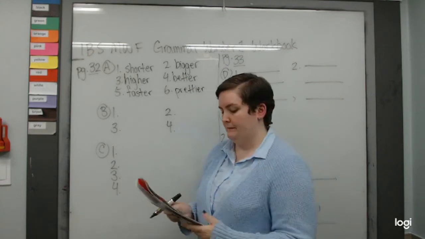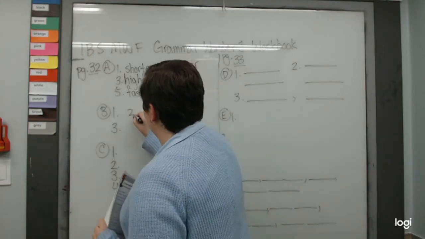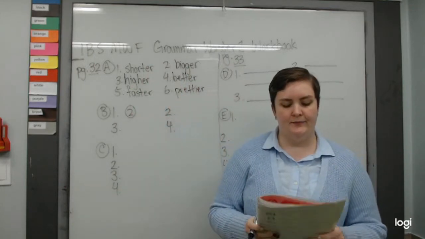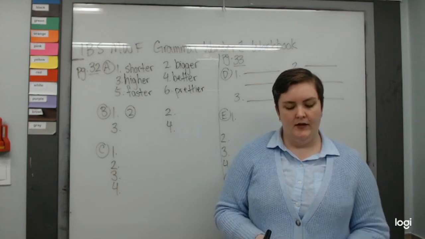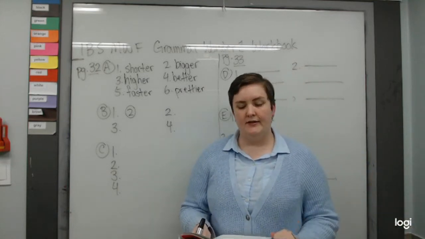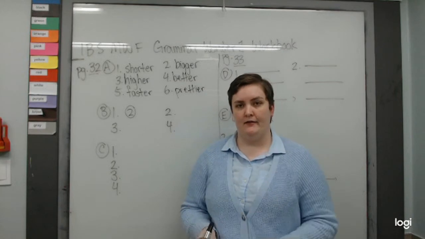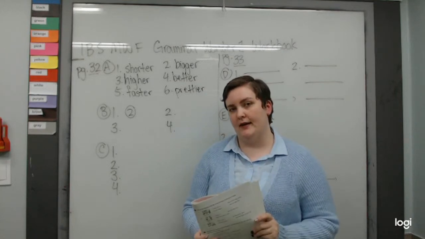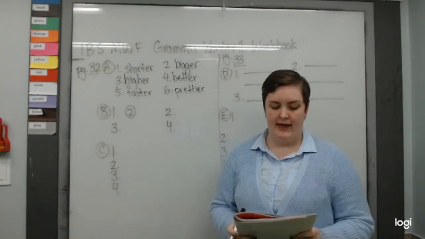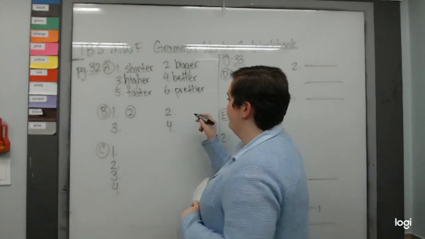Answer 2. Number 2. Jessica has pencils than me. So I have 3 pencils and Jessica has 5 pencils. Do you remember how we say? Jessica has more pencils than me. Answer 3.